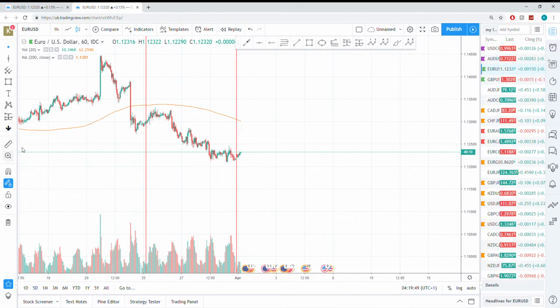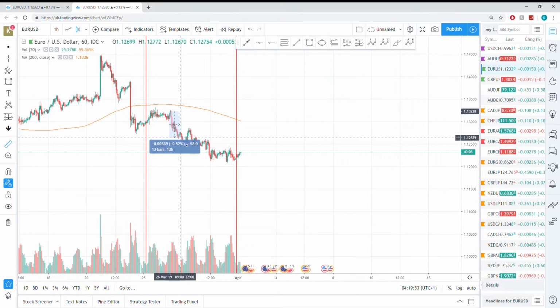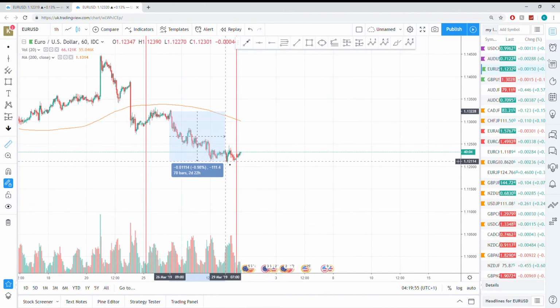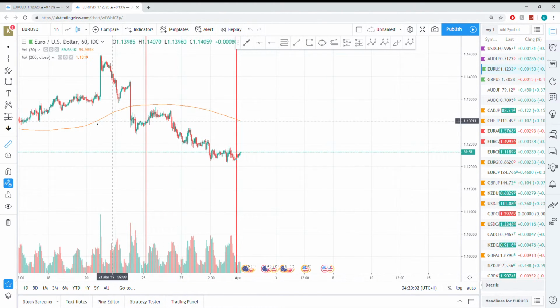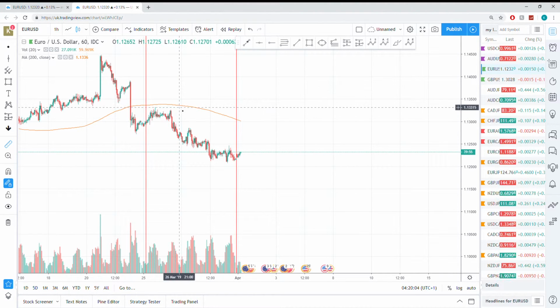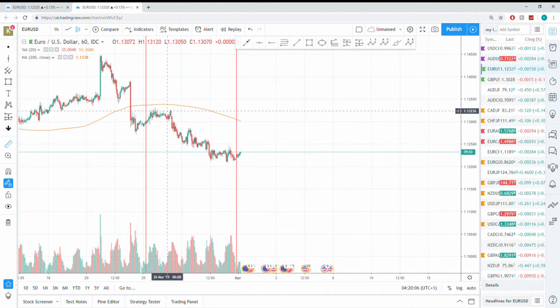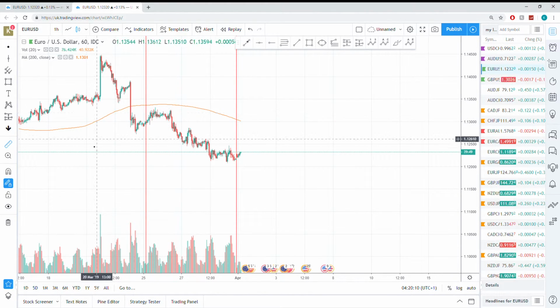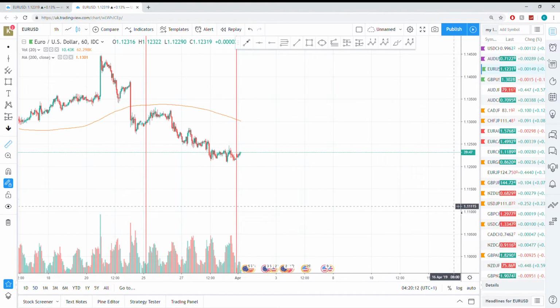I took a trade on here, and we did about 120 pips, I believe. Well, 110 here, but we took some multiple trades. Basically, we covered 120 pips on this one pair, so did very well here. I believe I did 7 trades and got 7 out of 7, so it's a nice 100% win rate.